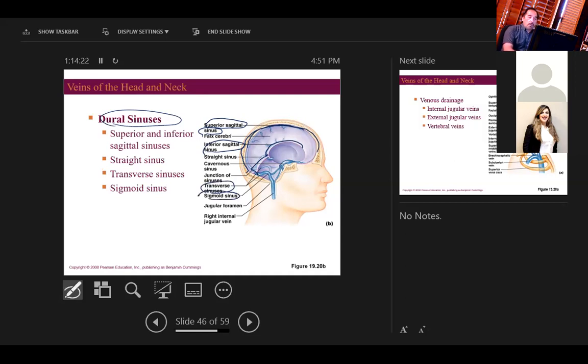So the vessel goes from superior to the transverse and to the sigmoid, or the inferior to the transverse and sigmoid, and from there it becomes a vein. That is going to be the internal jugular vein. So we start as a sinus, then it becomes a vessel called a vein.